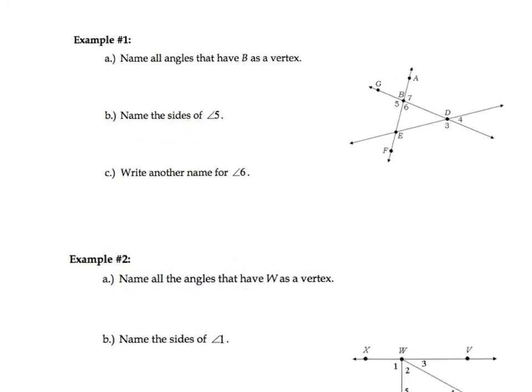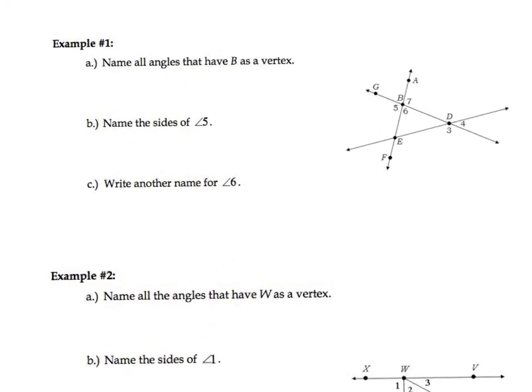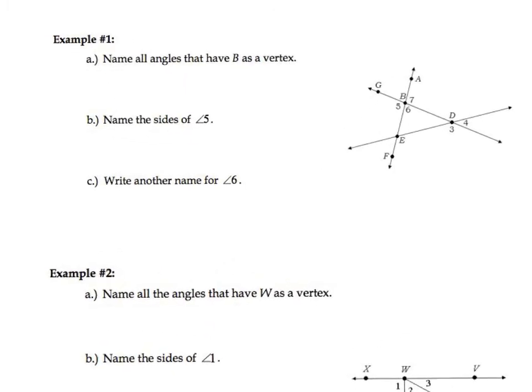Let's go ahead and do some practice. Using this image, we want to name all of the angles that have B as a vertex. First let's locate B, which is right here. There are a lot of different ways we can name all of these angles, but I'm always just going to go with the simplest. I notice I have 3 numbered angles right here with B as the vertex, so I'm just going to use those numbers to name those angles.